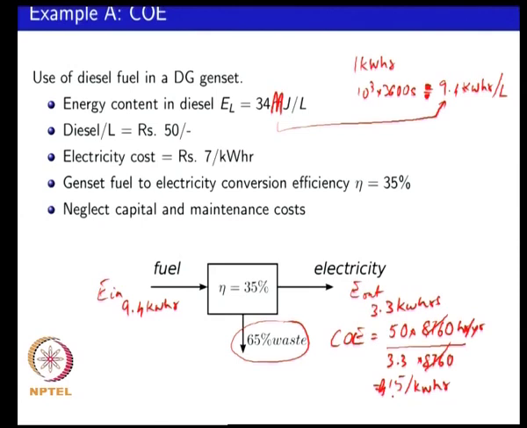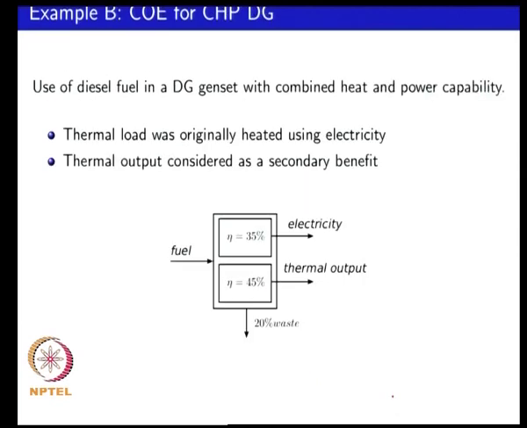So, then we will look at a second possibility where you might consider your energy, which is now being converted to electricity through one possible path, and then you could also consider the waste heat that is being produced in this IC engine.